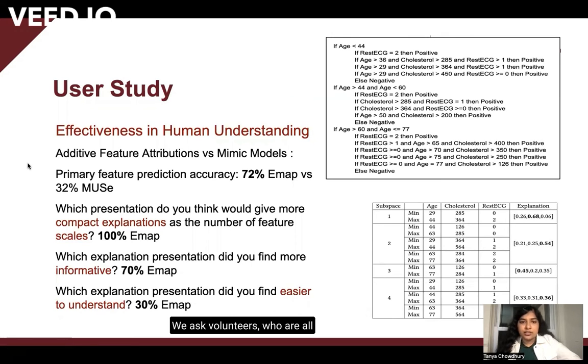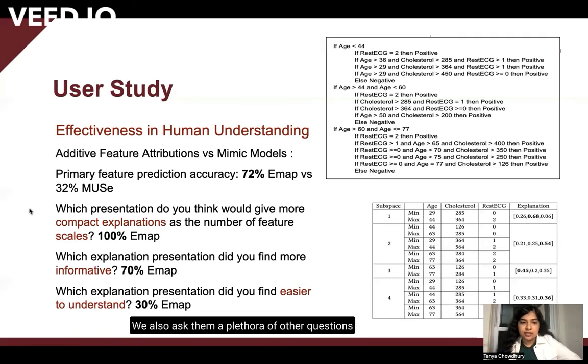We ask volunteers who are all proficient in machine learning basics a variety of questions after being shown explanations of both formats. One of the first tasks we ask them to do is to predict the primary feature responsible for decision making. 72% of volunteers who are shown EMAP explanations get it right, as compared to only 32% of volunteers who are shown Muse explanations.